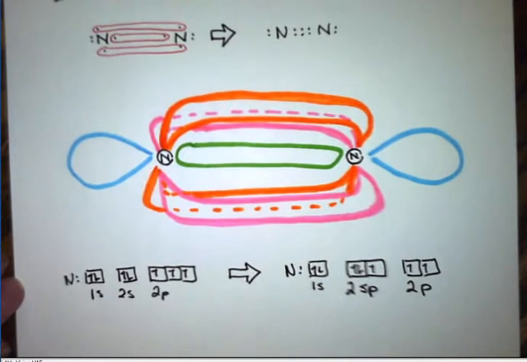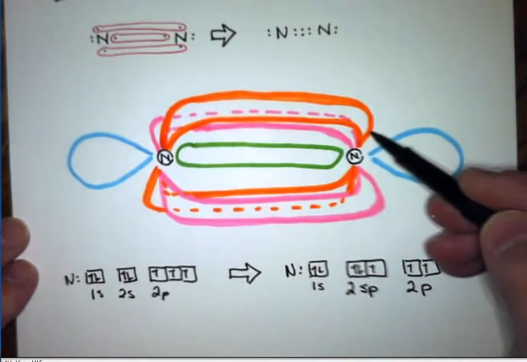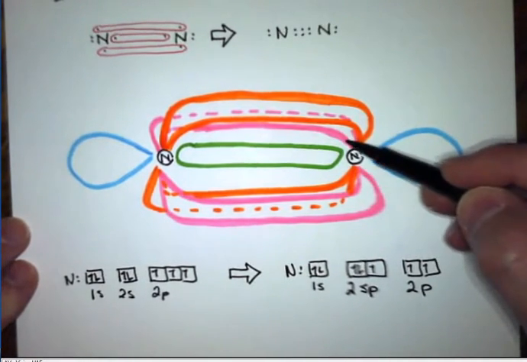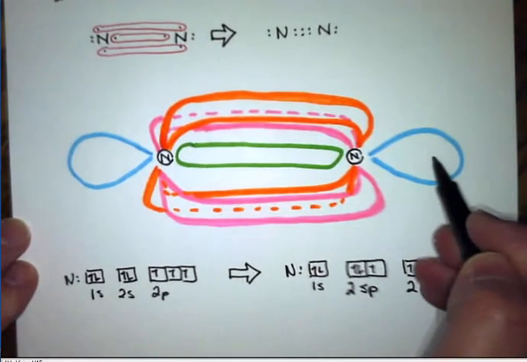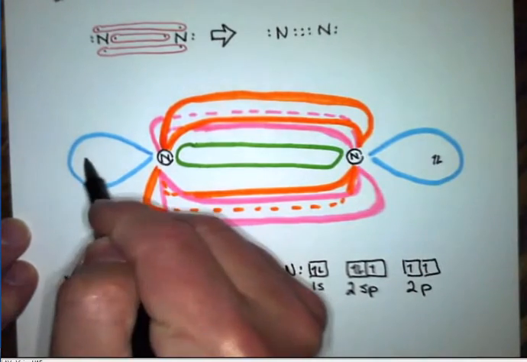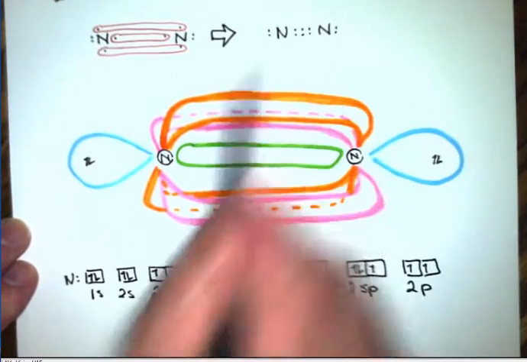Okay? All right. This then gives us 2 electrons in a p orbital to make this pi bond and this pi bond. And then we've got 2 electrons in this orbital for this lone pair over here, corresponding to the lone pair up here in our Lewis dot formula. Okay?